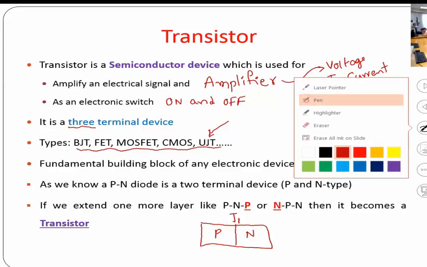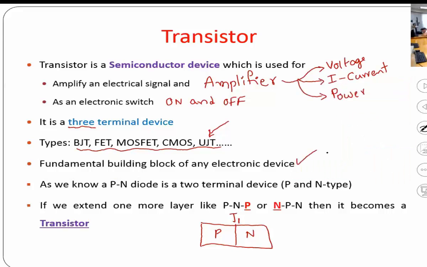But what a transistor is, let's say you extend this junction on this side. Let's say you dope this with N-type material. Now you're going to have another junction, correct? So that's an NPN type of BJT.